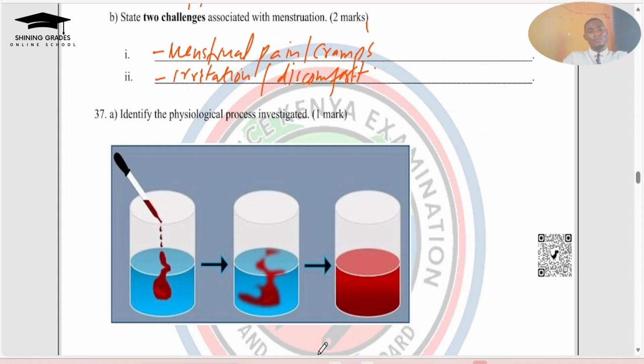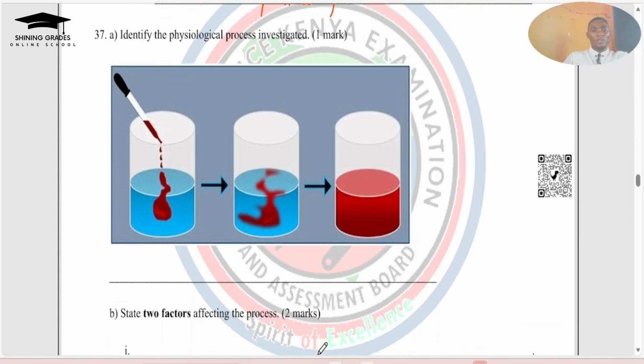Question 37. Identify the physiological process investigated below. We have a certain liquid, then using a dropper, a reddish liquid is poured into the initial liquid in a beaker. Then we can see at the end the whole liquid changes to red. So what has actually happened here?